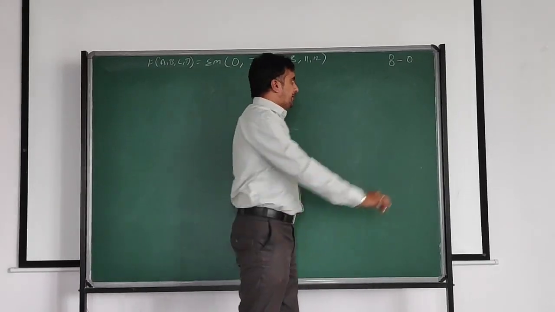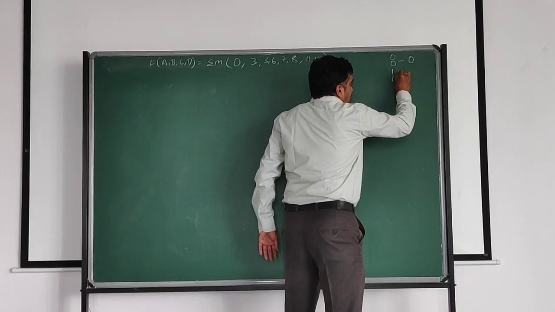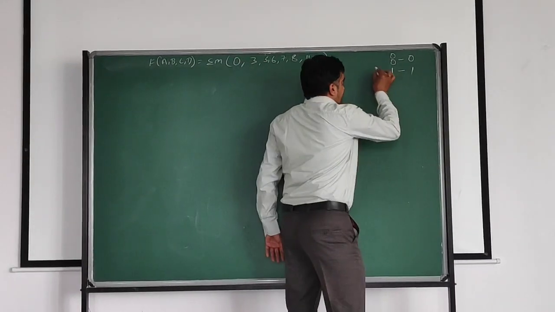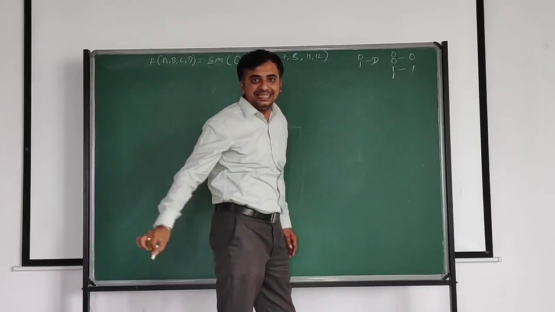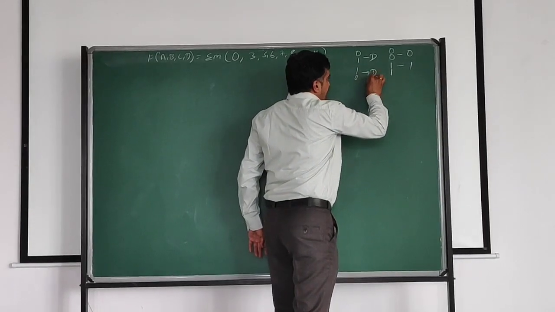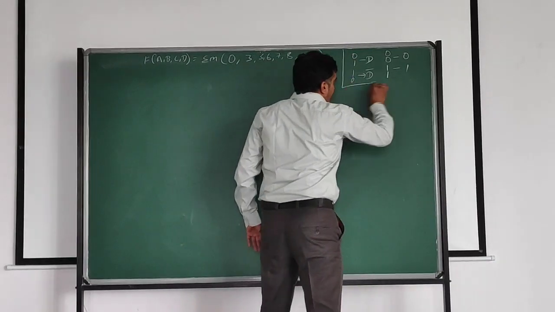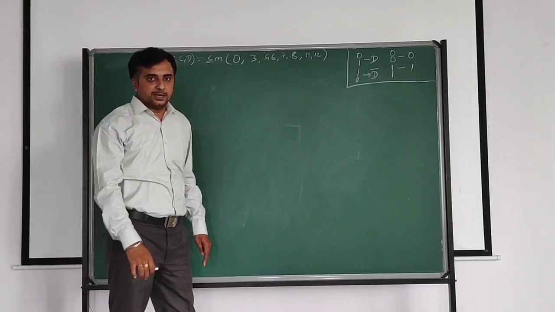If the value is 1, 1, it is connected as 1. Similarly, if the value is 0, 1, it is connected as D. And if the value is 1, 0, it is connected as D bar. This is a very important note to remember to design an 8:1 multiplexer.